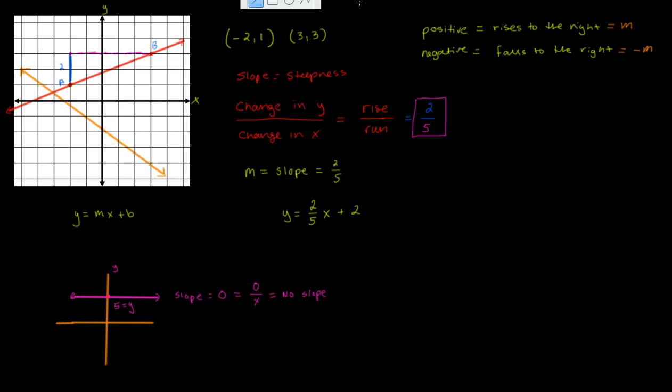Now, let's say that we had a line, we'll do blue, and it was going straight up and down instead. So instead of going straight left and right and it's flat, let's say that it's just straight up and down.